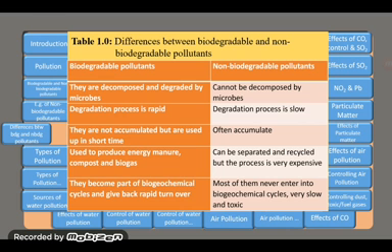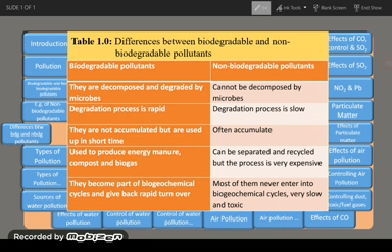Differences between biodegradable and non-biodegradable pollutants. One, biodegradable pollutants decompose by the action of bacteria or fungi and get degraded into harmless substances, but non-biodegradable pollutants can never be decomposed by microbes. Two, the degradation process of biodegradable pollutants is rapid and very fast.